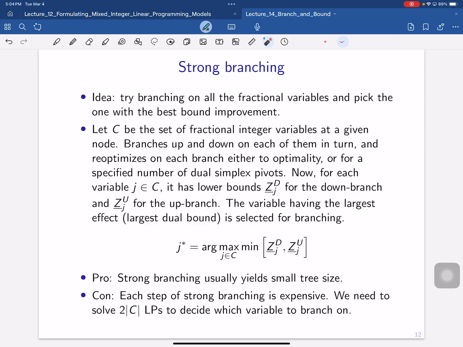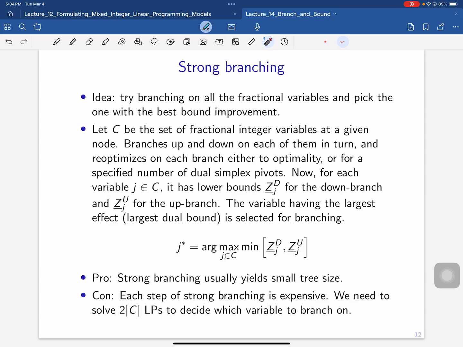I will try to tentatively branch on each of these fractional variables, resolve the two problems created by branching, and use the variable that gives you the best bound improvement.